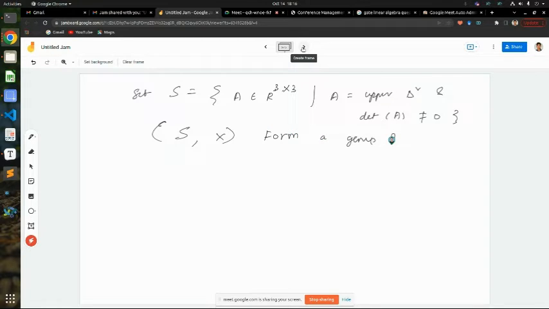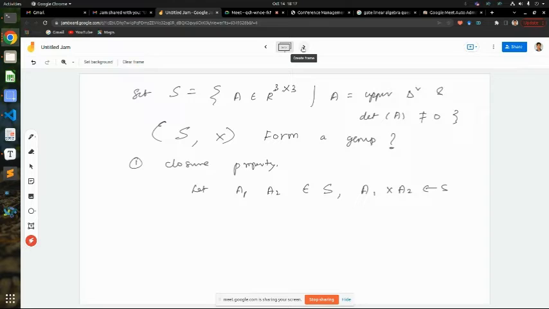Now let's start by checking if this set admits the closure property. What does the closure property state? If you take any two matrices, let A1, A2 belong to S, we want A1 into A2 to also belong to S. What do you mean by this?